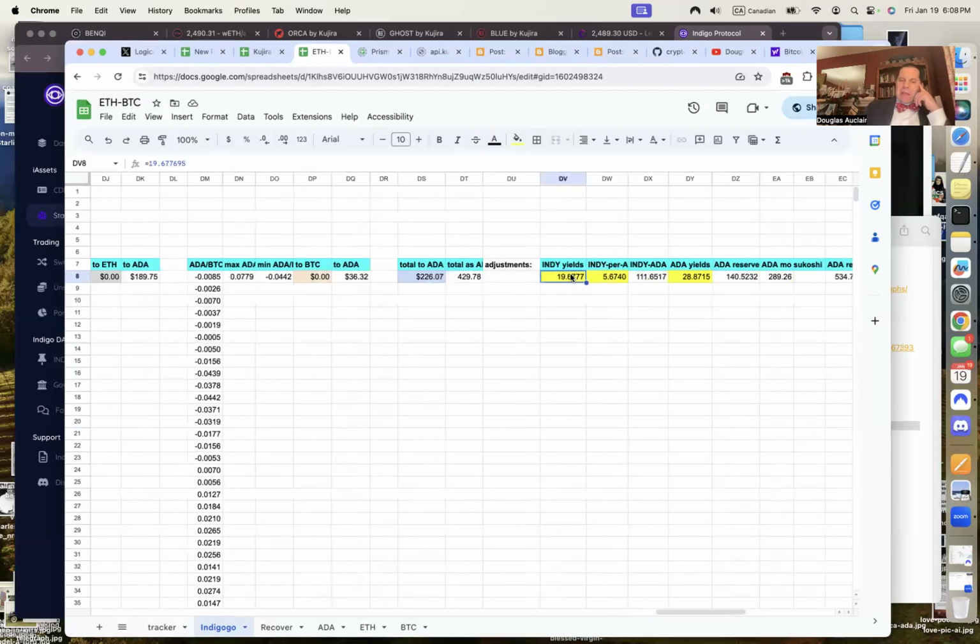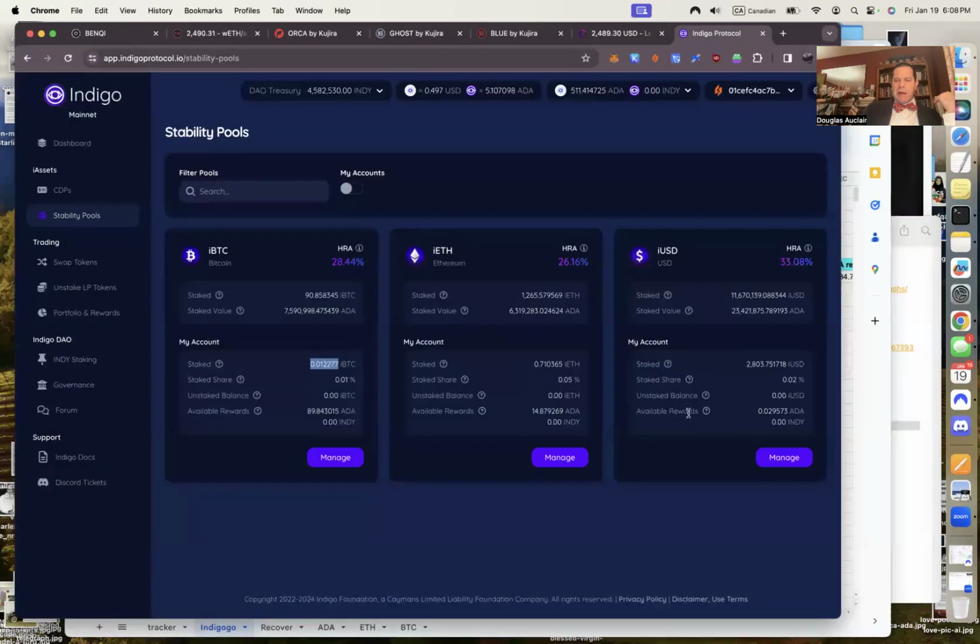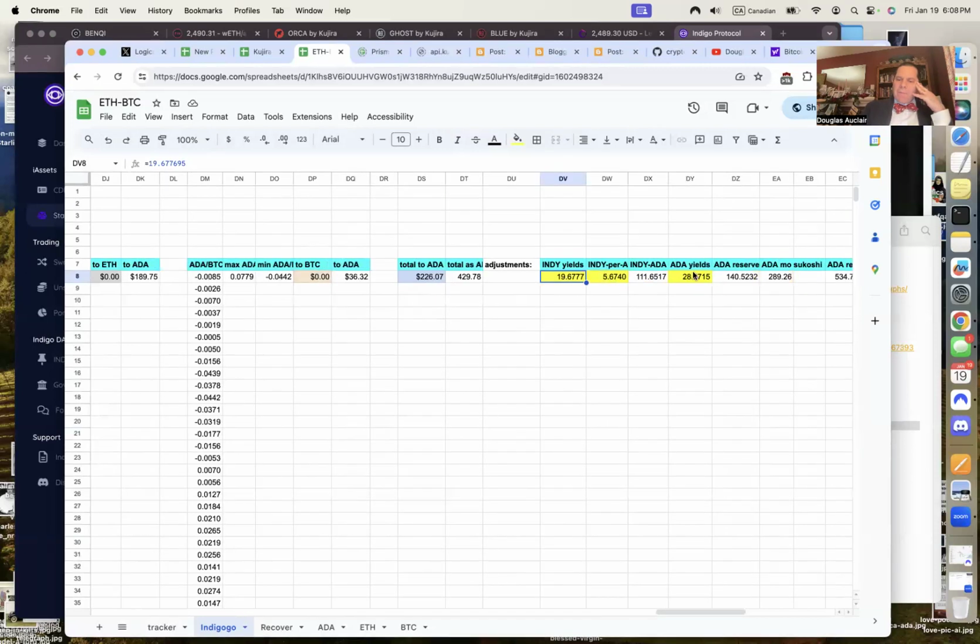And then I say, well, I'm also getting yields. I'm getting Indigo yields, which I accumulated, so you don't see any yields right now because I collected them yesterday. I have some, which translates into this much ADA. I have some ADA yields. When I collected that IUSD to trade, it automatically paid out the ADA yields accumulated for that stake.